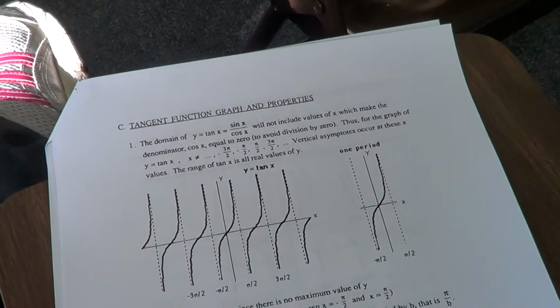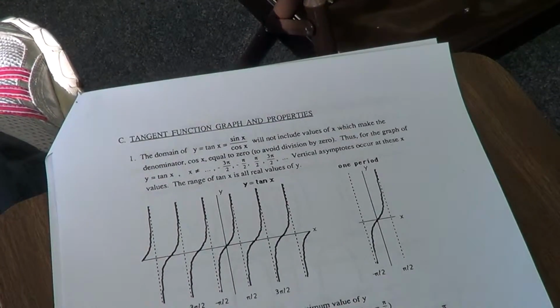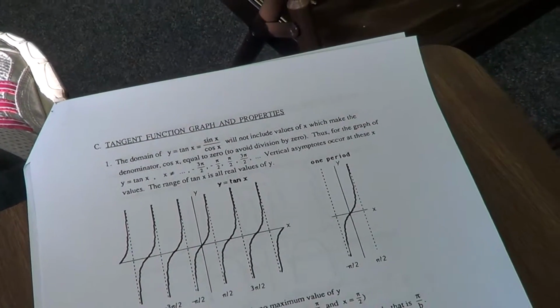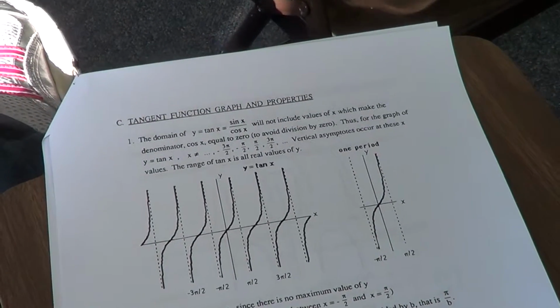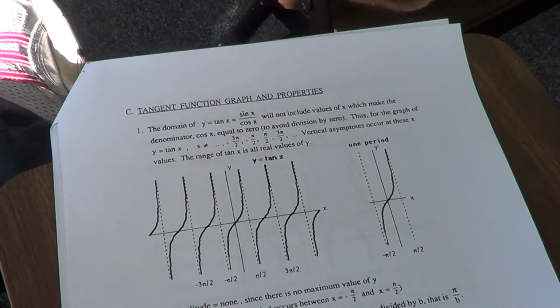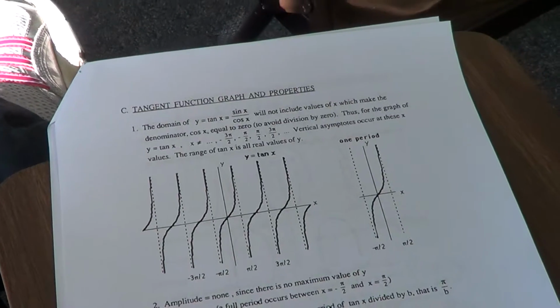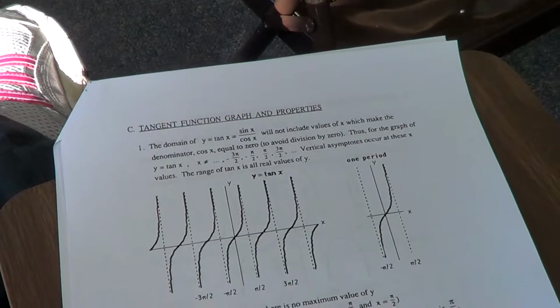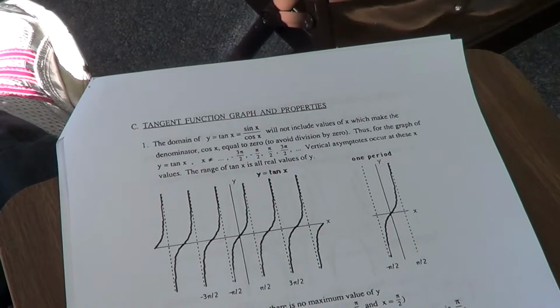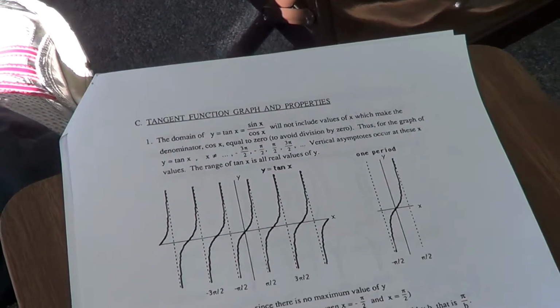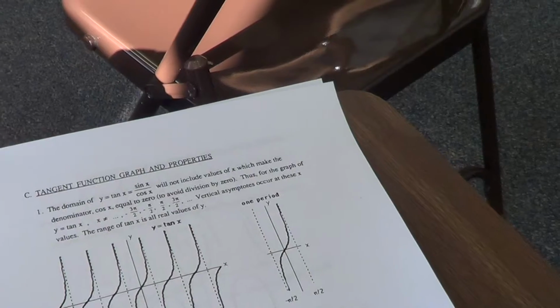There is no amplitude because it goes on and on forever. Remember our circle chart, there is no tangent for pi over 2 or 3 pi over 2, so those are the asymptotes. And so there is no amplitude because there's no maximum value. So we're just going to look at the period, which is normally pi.